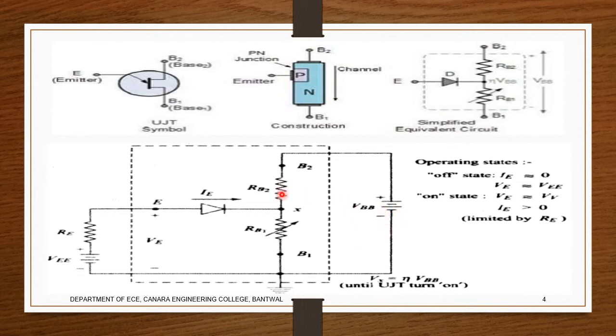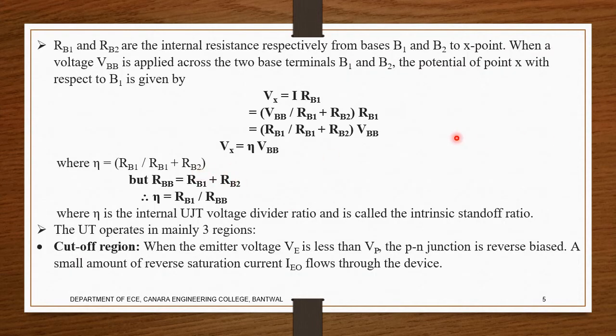RB1 divided by RB1 plus RB2 is nothing but eta. So here we can say that Vx at the junction is equal to I into RB1, which is equal to VBB divided by RB1 plus RB2. I have considered only the base circuit because I require the voltage with respect to RB1. So Vx is equal to eta into VBB.